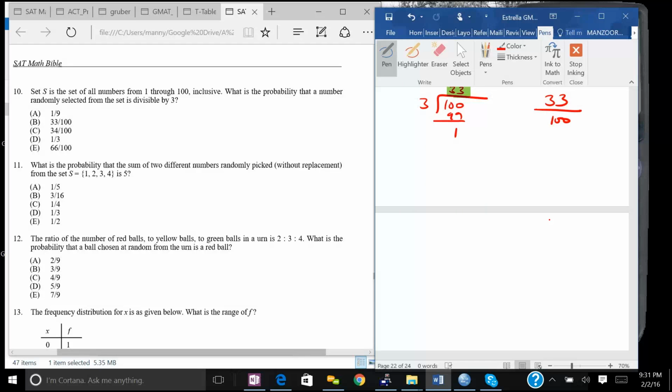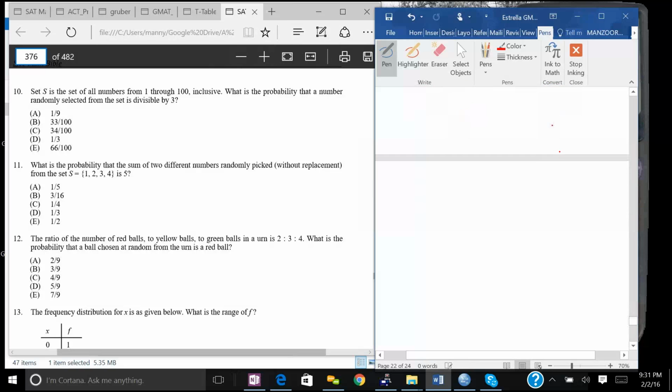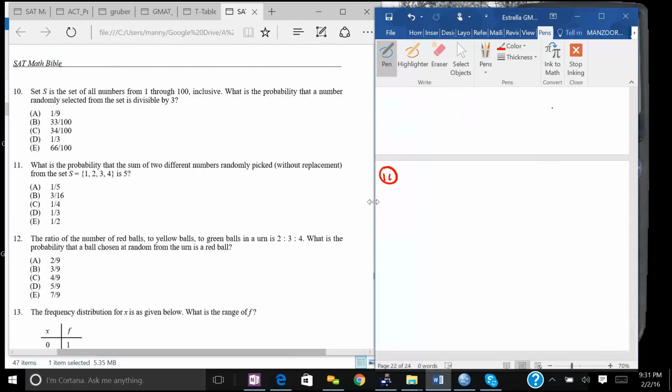E. Oh, no. Here's how. Okay, 1, 2, 3, 4. So you could have picked 1 and 2, 1 and 3, 1 and 4. I'm starting with 1. 2 and 3, 2 and 4, also 3 and 4.